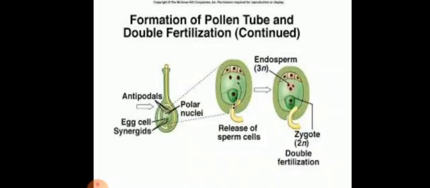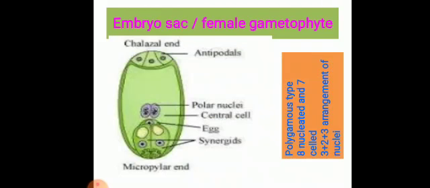One male gamete fuses with the egg cell and another male gamete fuses with the secondary nucleus, and in the double fertilization process, the embryo and endosperm are formed. So this is the process of double fertilization. This is the embryo sac, the female gametophyte, a 7-celled, 8-nucleated structure.